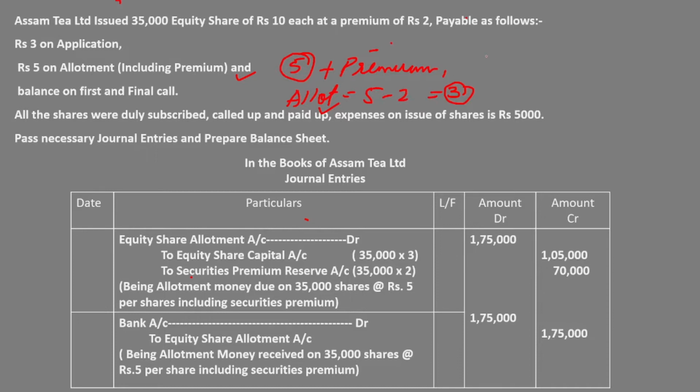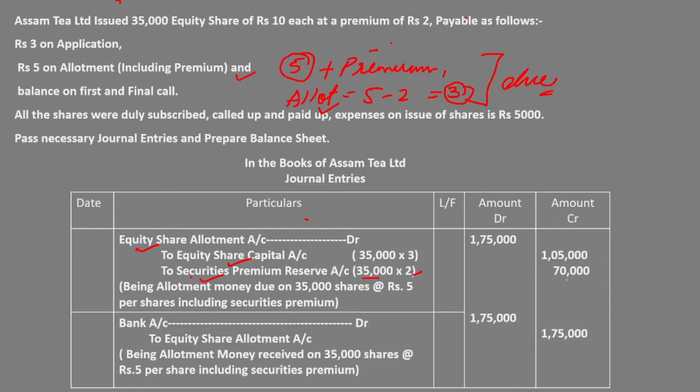First of all, the amount will be due. For the amount due, the journal will be equity share allotment account debited to equity share capital, to securities premium reserve. As we know, the value of securities premium reserve will be 2 into 35,000 because the issued shares are 35,000.